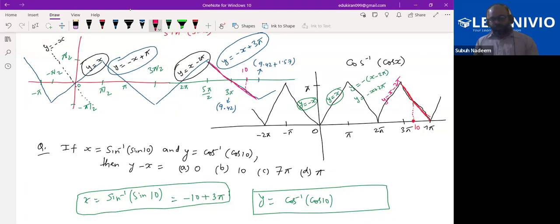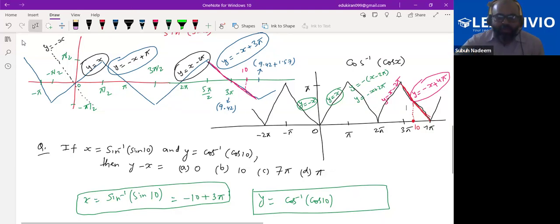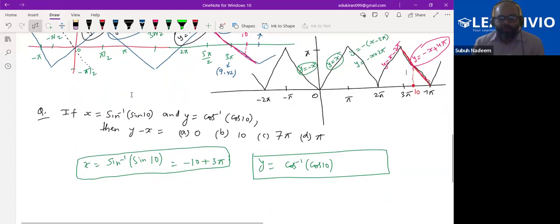Then this will come, so it will be y equal to minus x plus 4 pi. So this line which we are interested in is actually minus x plus 4 pi. So the value of cos inverse cos 10 will be minus 10 plus 4 pi.